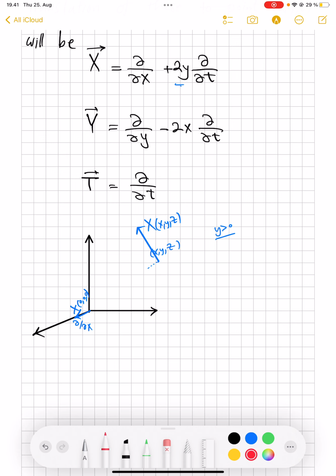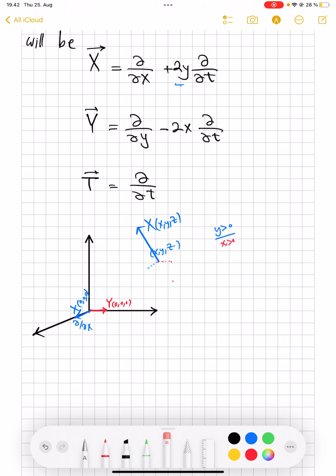And if we translate this unit vector y, which at (0, 0) agrees with just j, its translation will be again 1 unit in this direction, but then if x and y are both positive, you subtract a multiple of partial t, so this will be this.